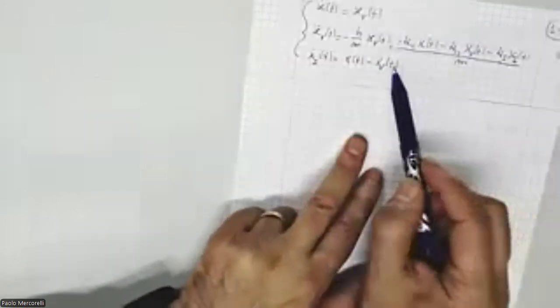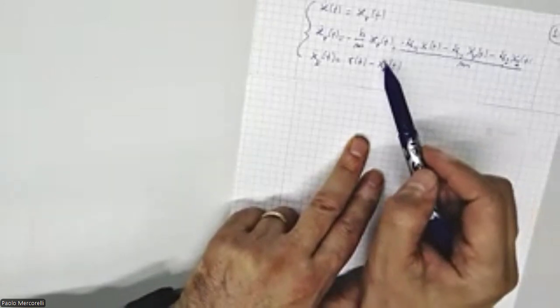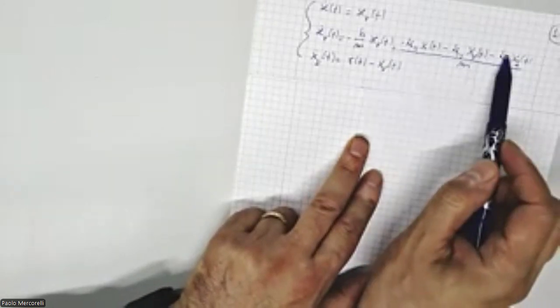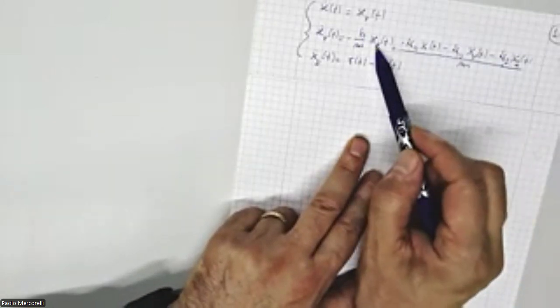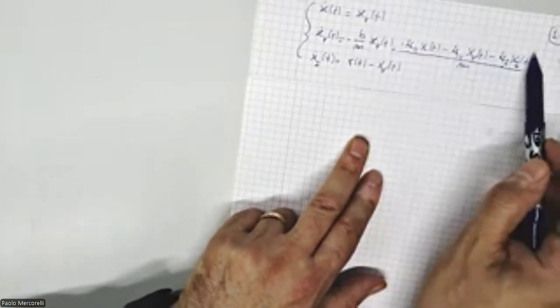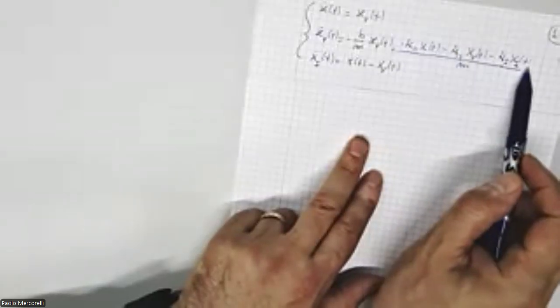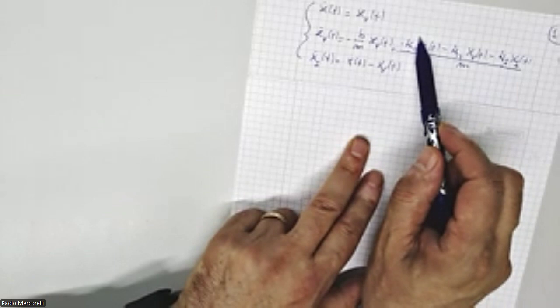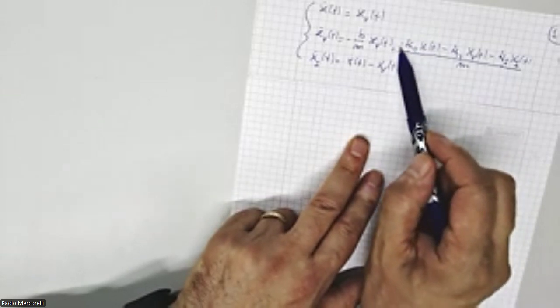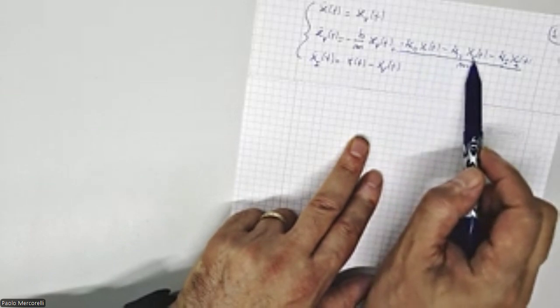Xv dot now, instead of f, do you remember, was 1 divided by m multiply f minus b divided by m multiply xv. This remains, but here instead of f it was f divided by m. I have to write what f is. And you remember, rho multiply column minus k11 multiply x, the position, minus k12 multiply xv.